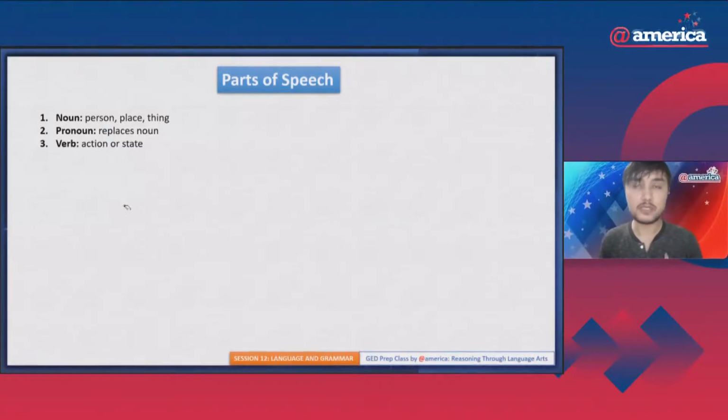Verb is an action or state, something someone does, or a state that someone is in. If you want to talk about an action, you say, again using the previous sentence, I play chess.